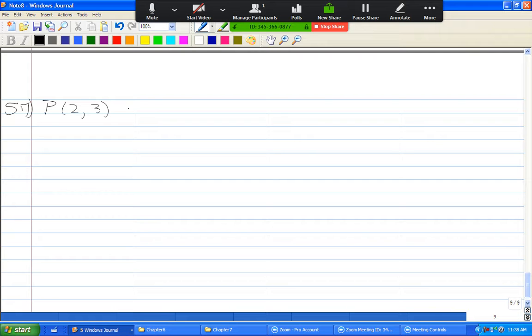I'm given P, Q, R. Use determinants to find the area of each triangle with the vertices at the given points. So I have these 3 vertices.